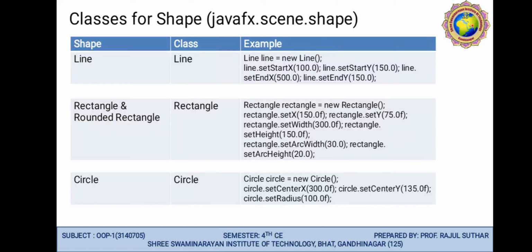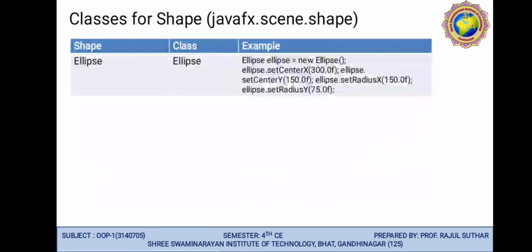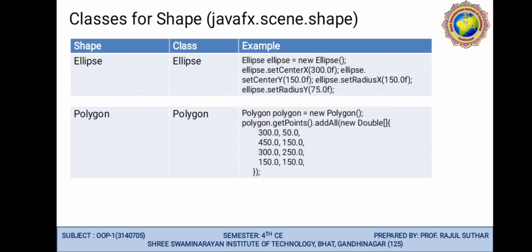Here 100 is nothing but the radius of the circle. In the same way for the ellipse, you set x and y like a circle, but one more parameter is also required, the radius along the y coordinate. A polygon we can draw by using this example.